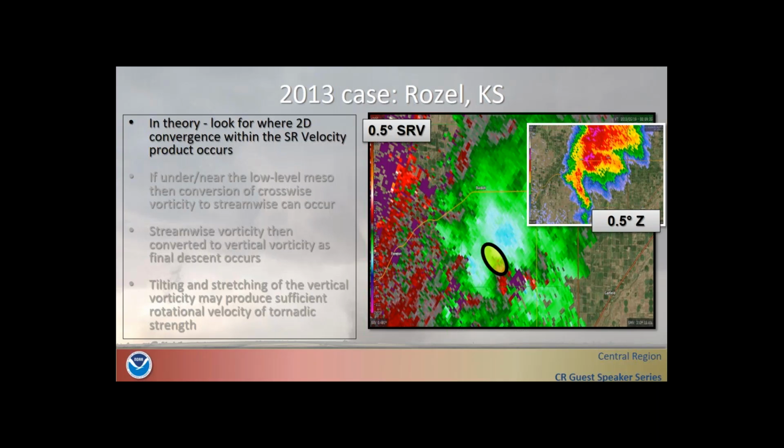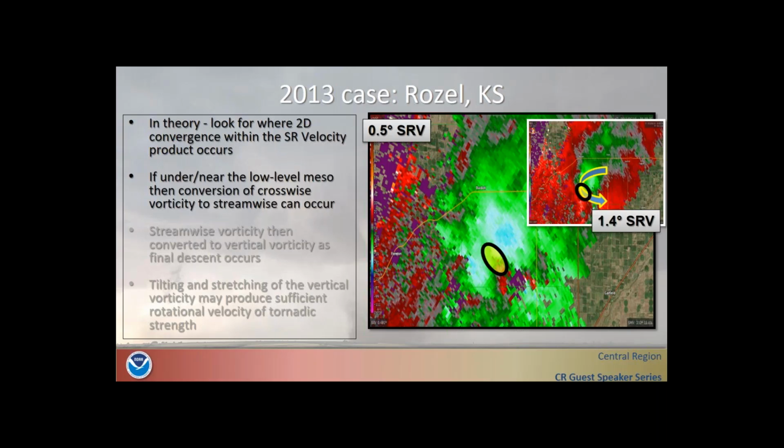Of course, we want the positioning to be underneath the low-level meso so that if we do get conversion to streamwise, there's enough dynamic lift to stretch and tilt that vorticity into the vertical. Sure enough, when we look up at the 1.4 tilt here to assess our low-level meso in that 3,000 to 6,000 foot layer, it is lined up perfectly in that zone. So at this point, I think we're around 10 minutes before tornadogenesis.